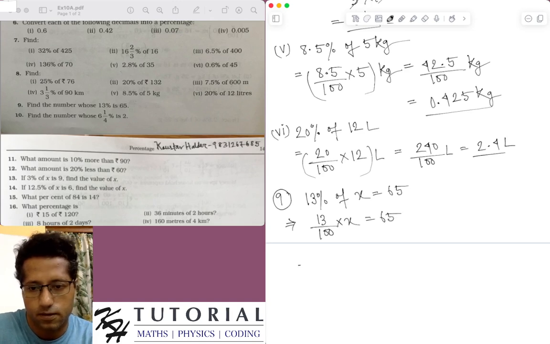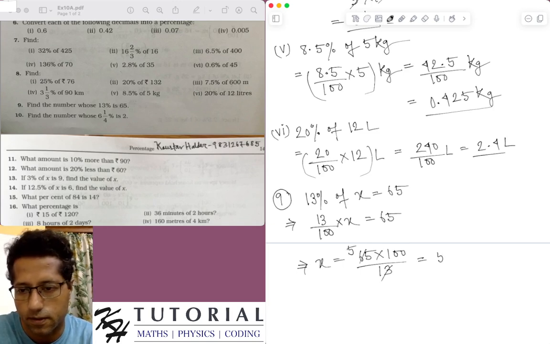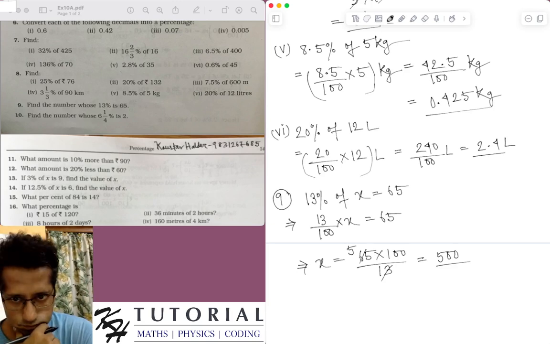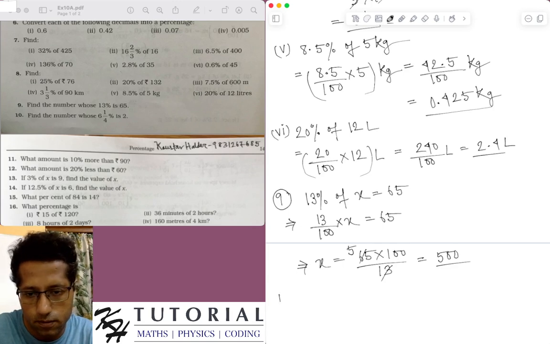From here we can say that x equals 65 multiplied by 100 divided by 13. Now this is nothing but 5 into 100, so this is 500. So 13% of 500 is 65. Okay. Let's do problem number 10.